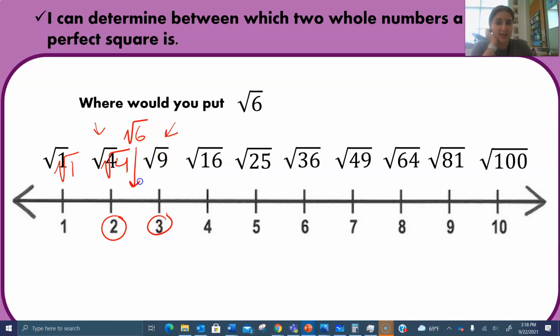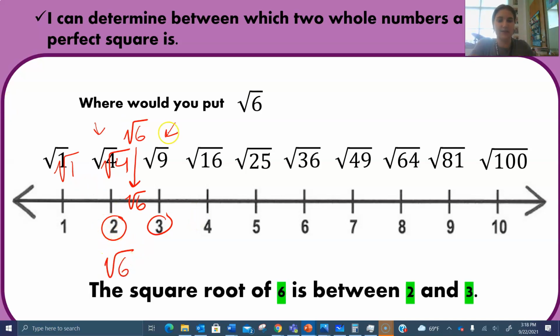So the square root of 6 must be somewhere between 2 and 3. So this is one way that you can estimate a non-perfect square root. You can see which two whole numbers it is between. In this case, the square root of 6 is between 2 and 3.